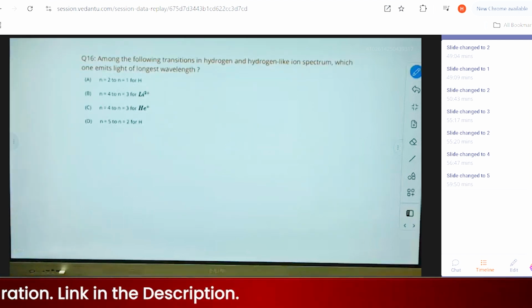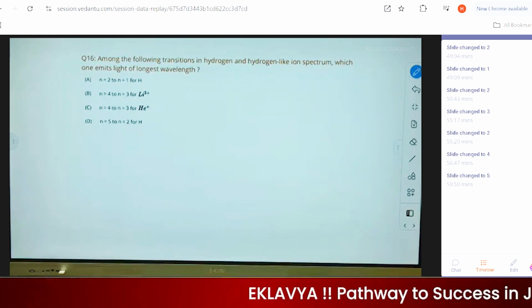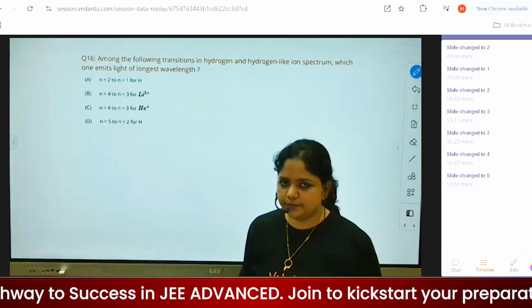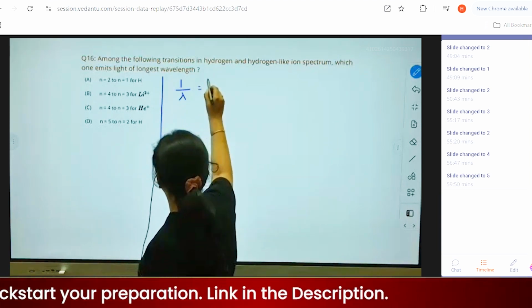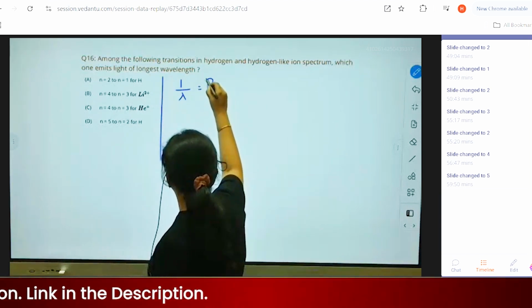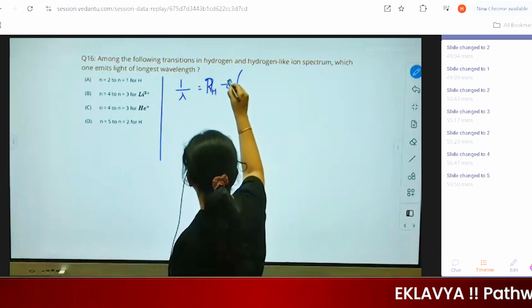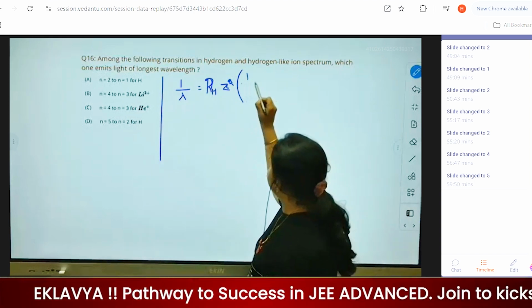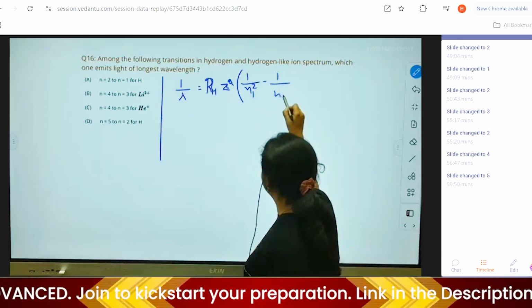See this question. Among the following transitions in hydrogen and hydrogen-like spectrum, which one emits light of the longest wavelength? We know an equation called Rydberg's equation: 1 by lambda is equal to RH, Rydberg's constant, into Z square, where Z is the atomic number, into 1 by N1 square minus 1 by N2 square.